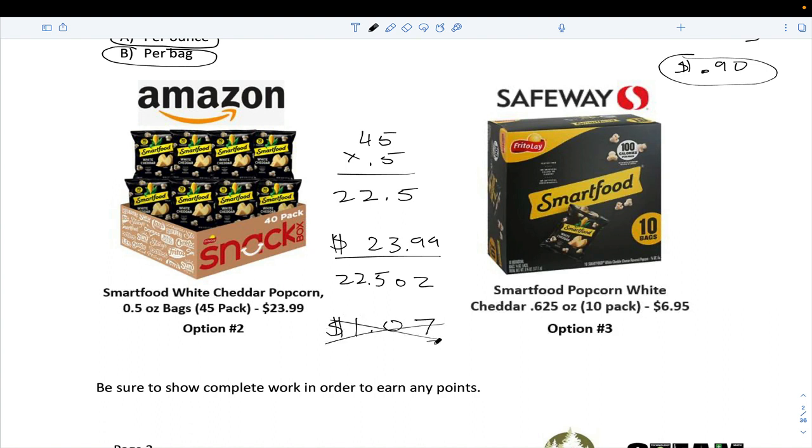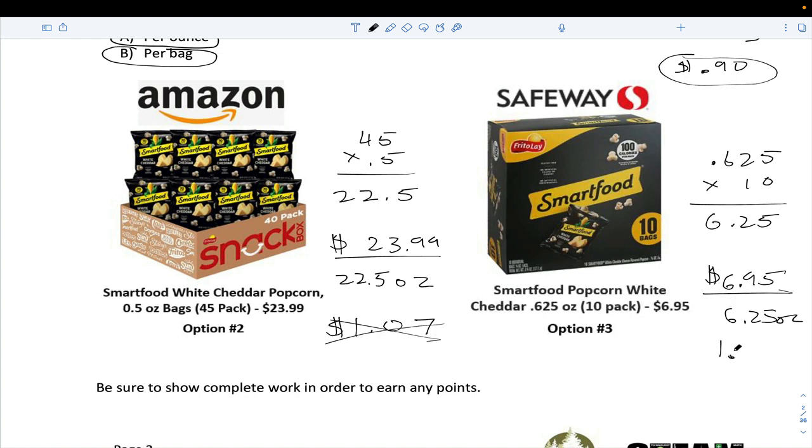So far, that is not the cheapest. The last one we have to check is 0.625 ounce per bag. There are 10 bags, and that's 6.25. Okay, set up your ratio again. 6.95 divided by 6.25, and I bet this is also going to be around 1, so it doesn't look like that's cheaper. Yeah, 1.11.